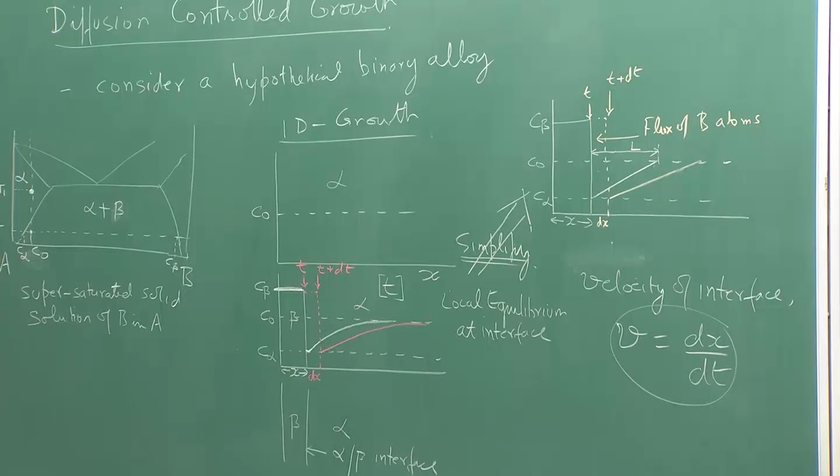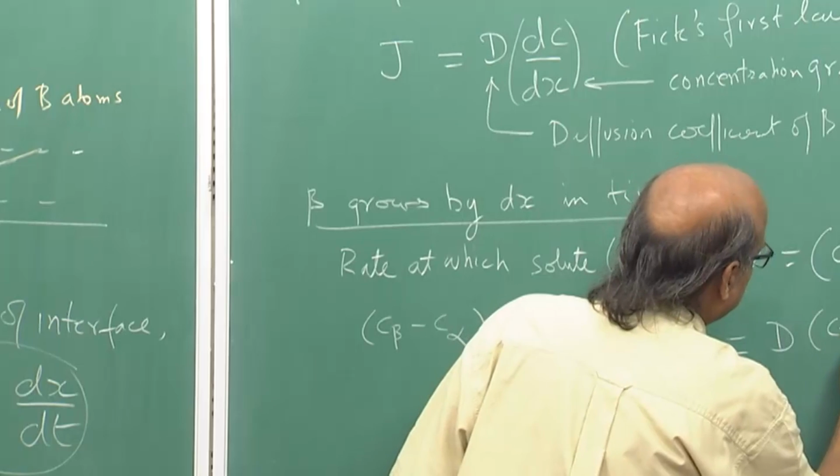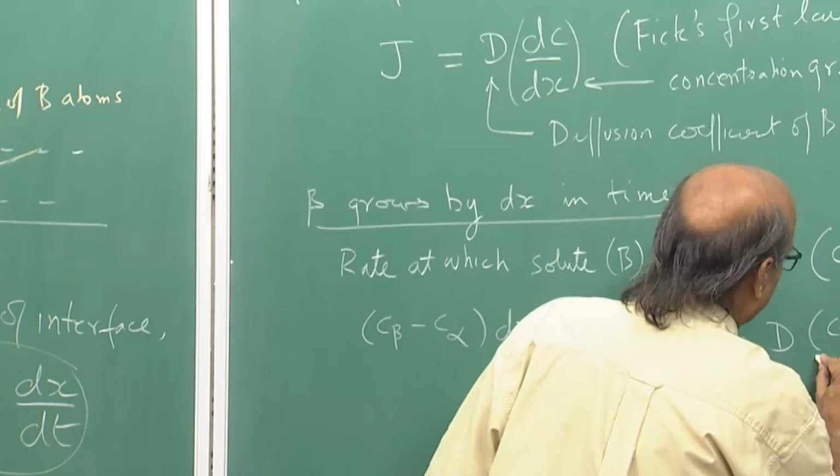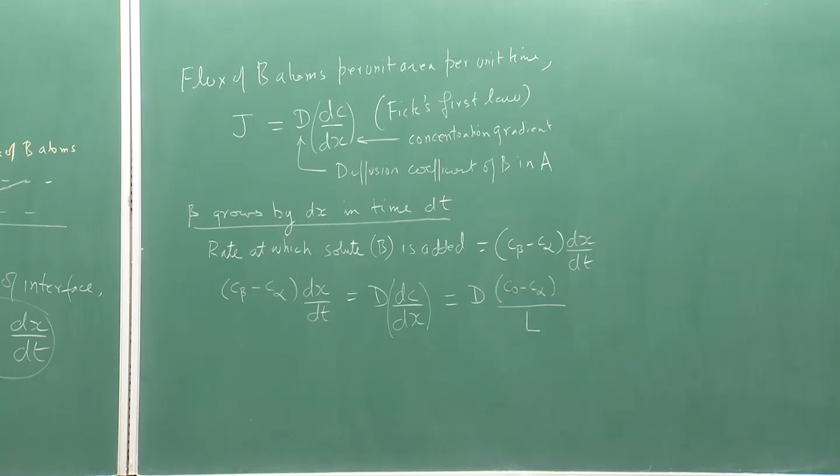So, I write this as D times C naught minus C alpha divided by L.